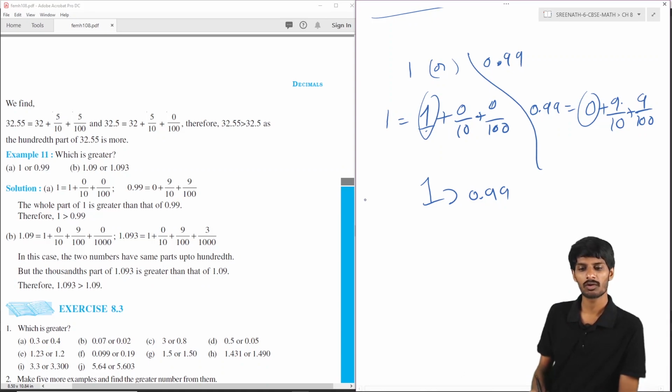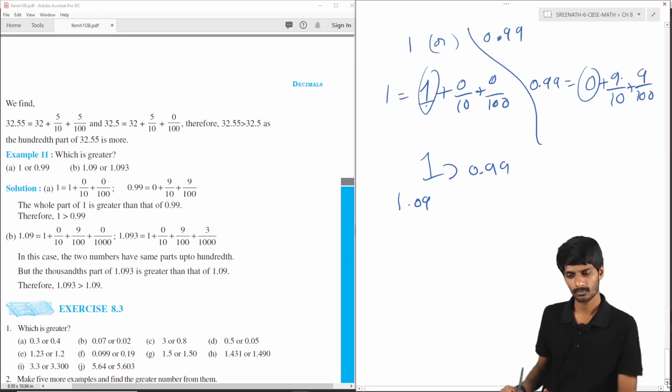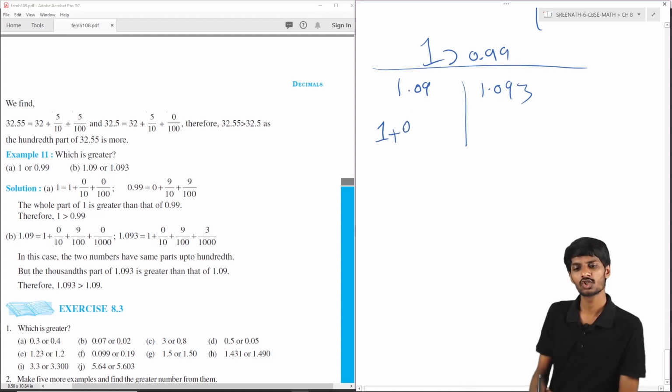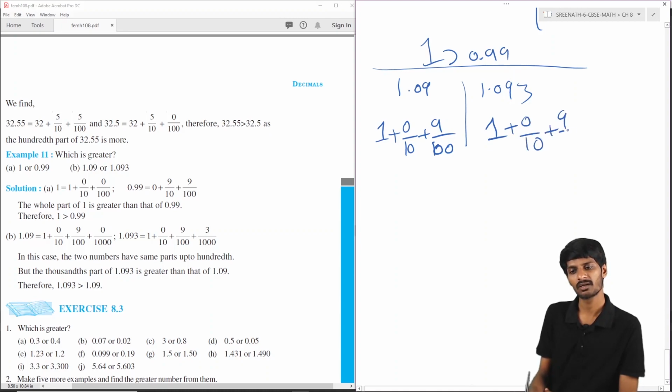Next, 1.09 and 1.093. Again you write 1 plus 0 by 10ths plus 9 by 100ths. And here, 1 plus 0 by 10ths plus 9 by 100ths plus 3 by 1000ths. Obviously this and this are the same, this and this are the same, this and this are the same, and it has an extra part.